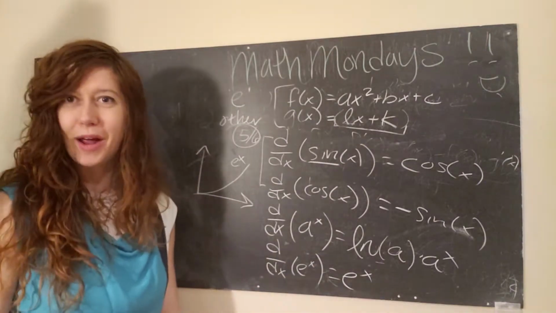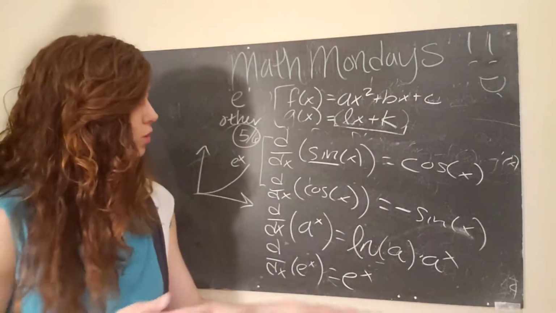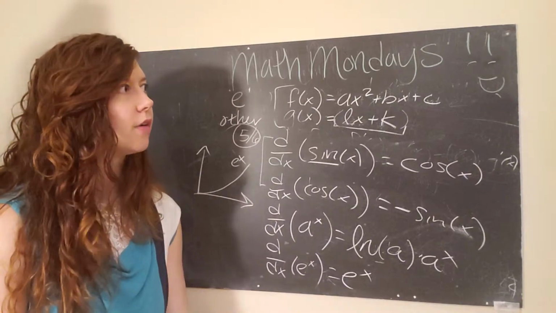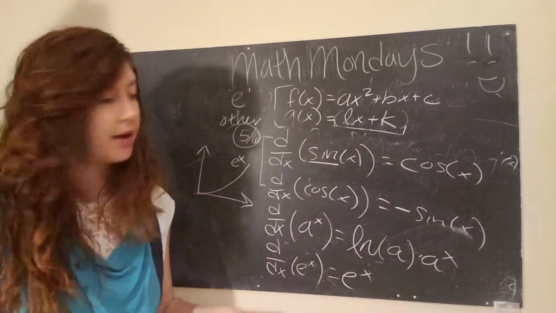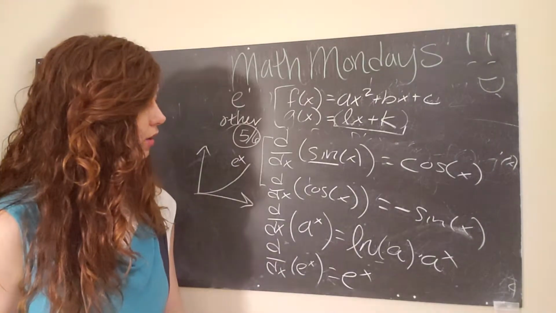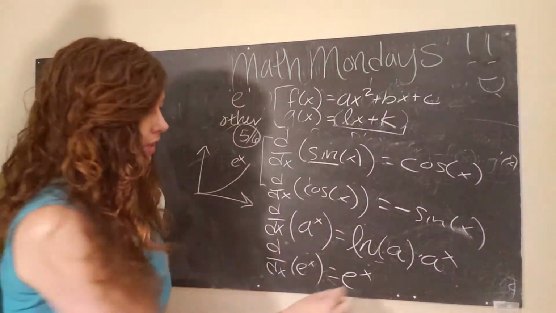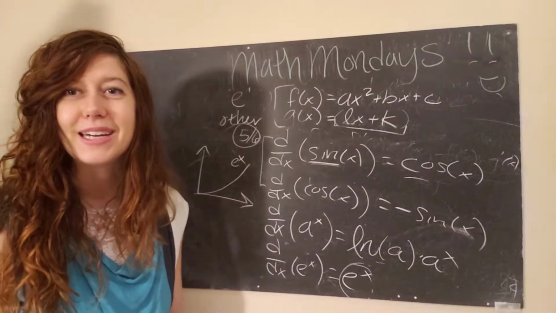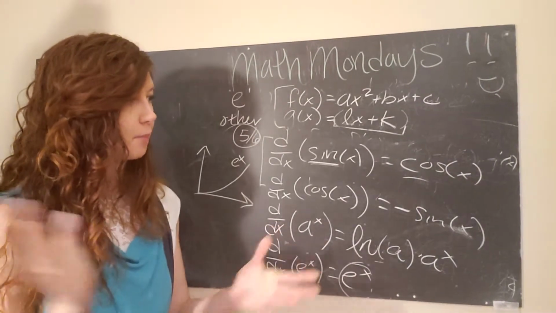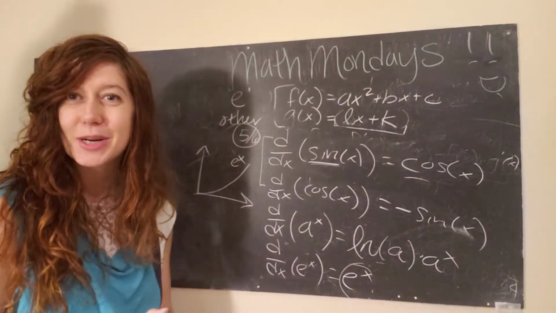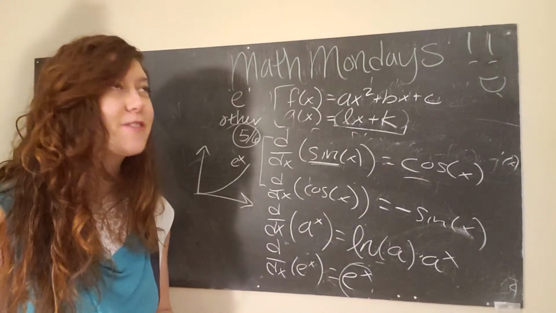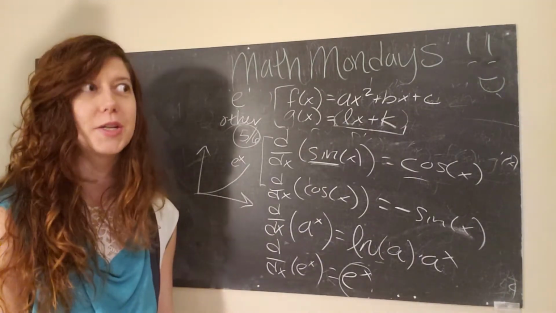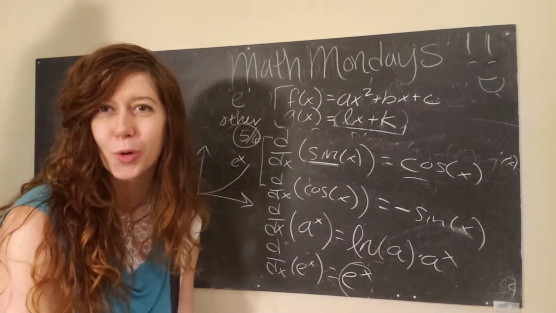That's pretty wild, right? And so it's used to model different types of natural phenomena. And I will give you a quick tidbit that e to the x and sine and cosine can actually be paired when you have complex numbers. And that is a very helpful way to solve lots of different problems in the real world.